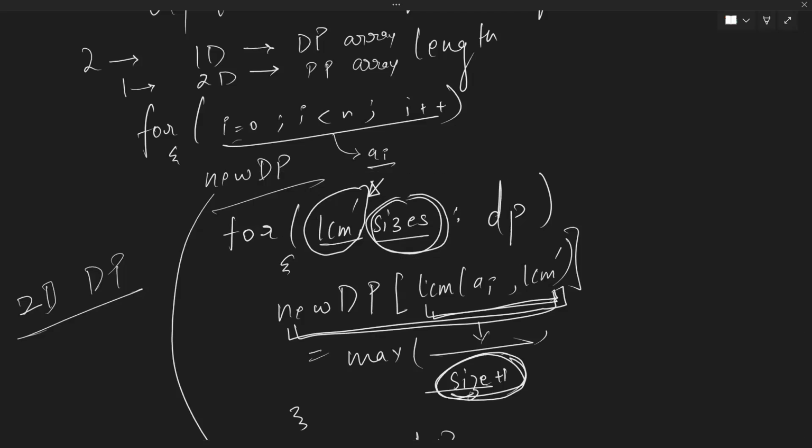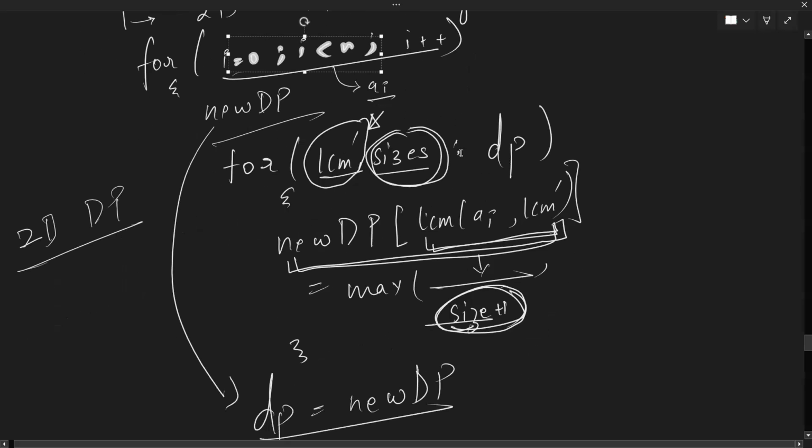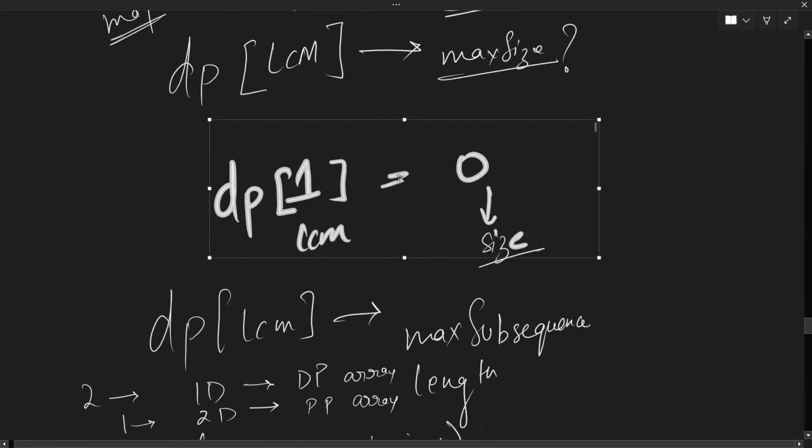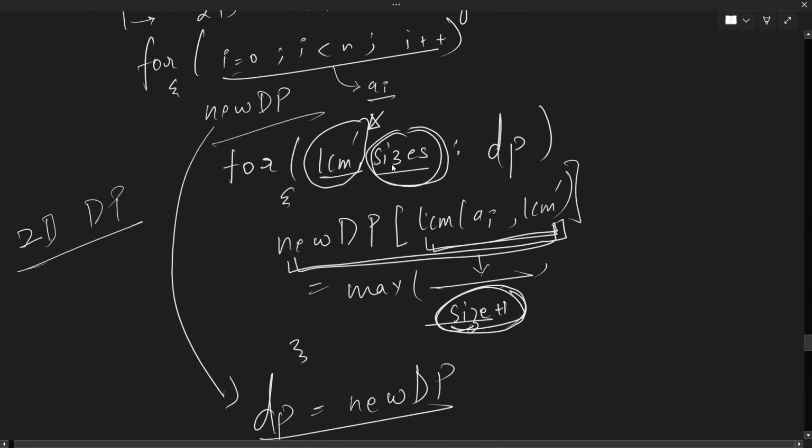Just look at this. In every element, initially there was just one value, this. And then I iterated. If my DP has some LCM and some size, take the new LCM and update the new DP if I am getting more size. So for each element, there is at max one more entry being added. So N. So why would it give MLE?